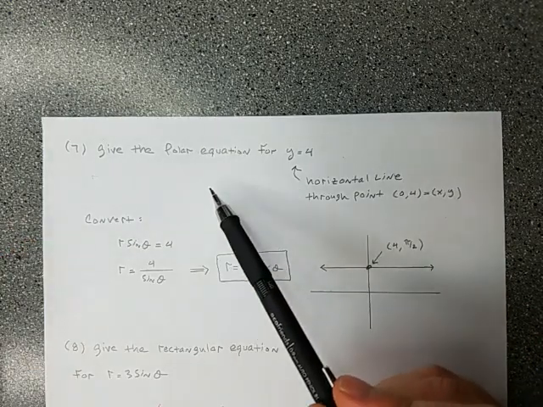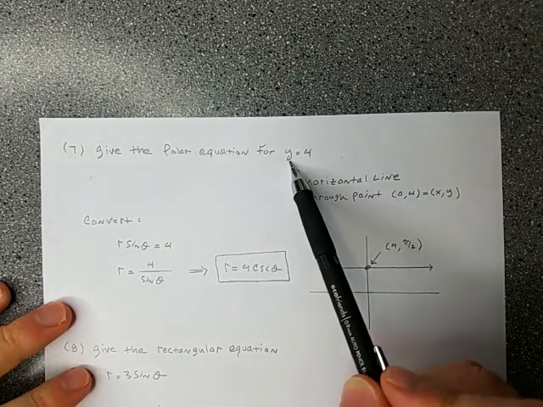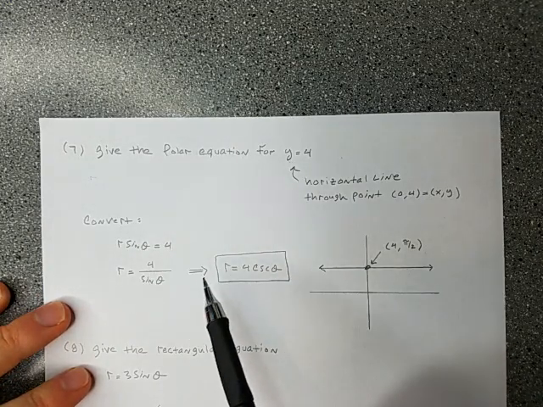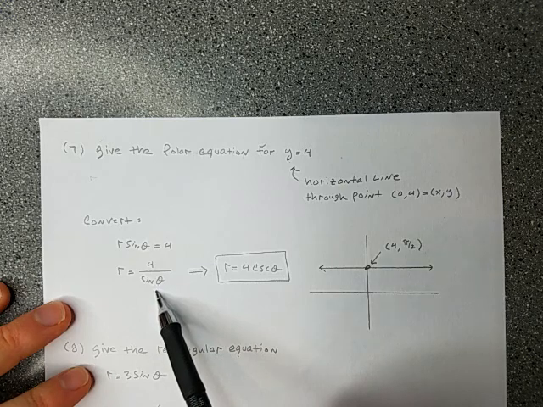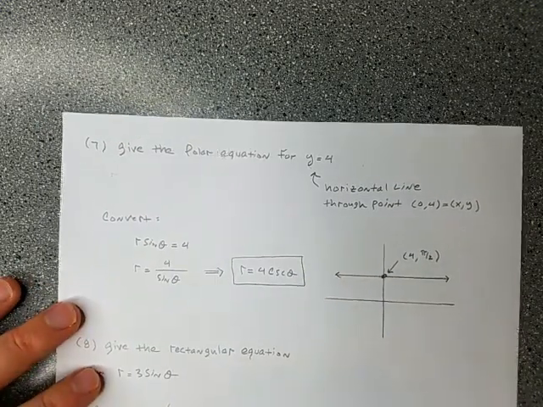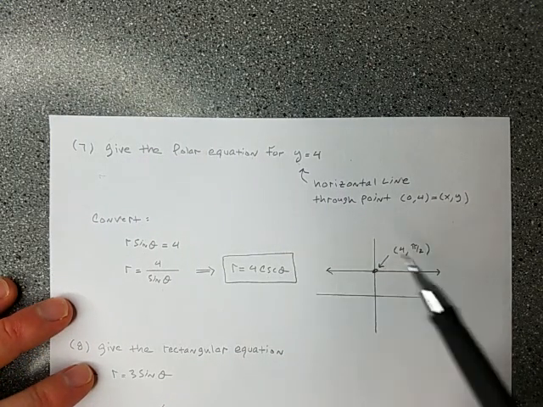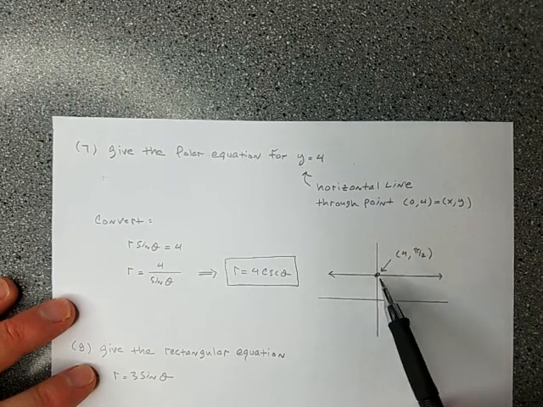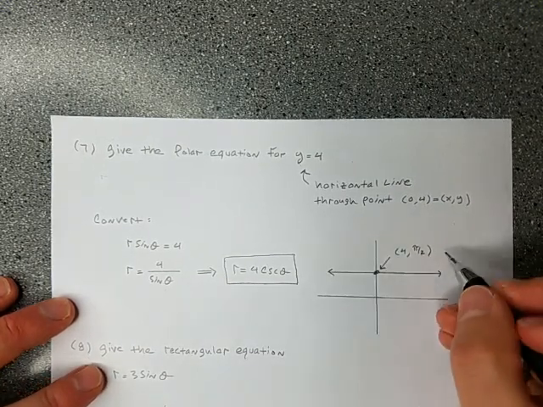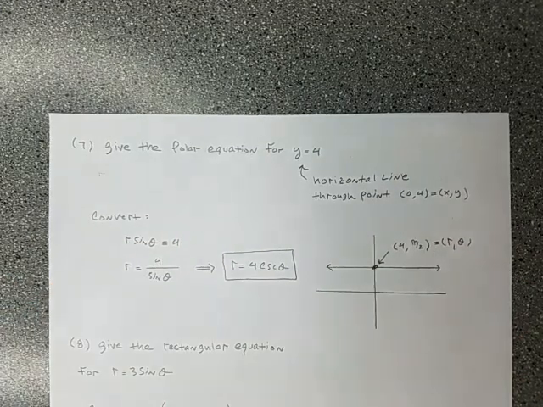In polar coordinates, converting to rectangular, r sine theta is y. So this says r sine theta is 4. We can divide both sides by sine theta. It says r is 4 cosecant theta. So then now you can make this association. In polar coordinates, r is 4 cosecant theta is a horizontal line through this point, r and theta, 4 and pi over 2. All right?